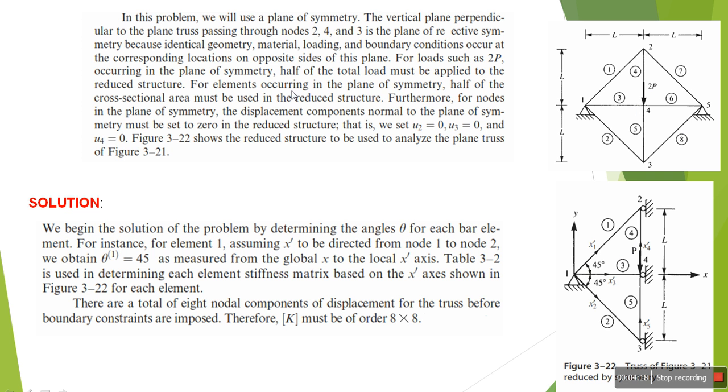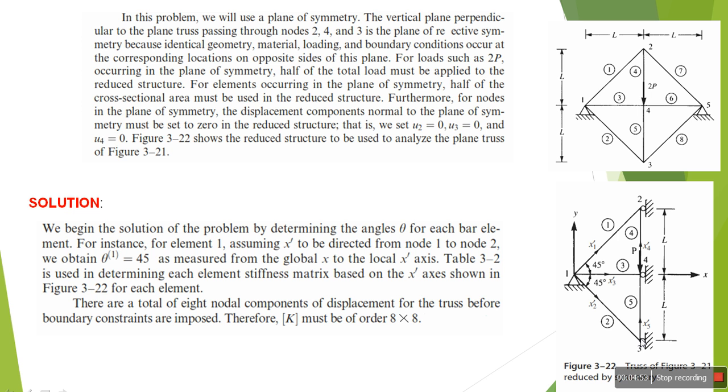For elements occurring in the plane of symmetry, a half of the cross-sectional area must be used in the reduced structure. So if we are talking about the elements here, we will take just a half of the cross-sectional area in the reduced structure.